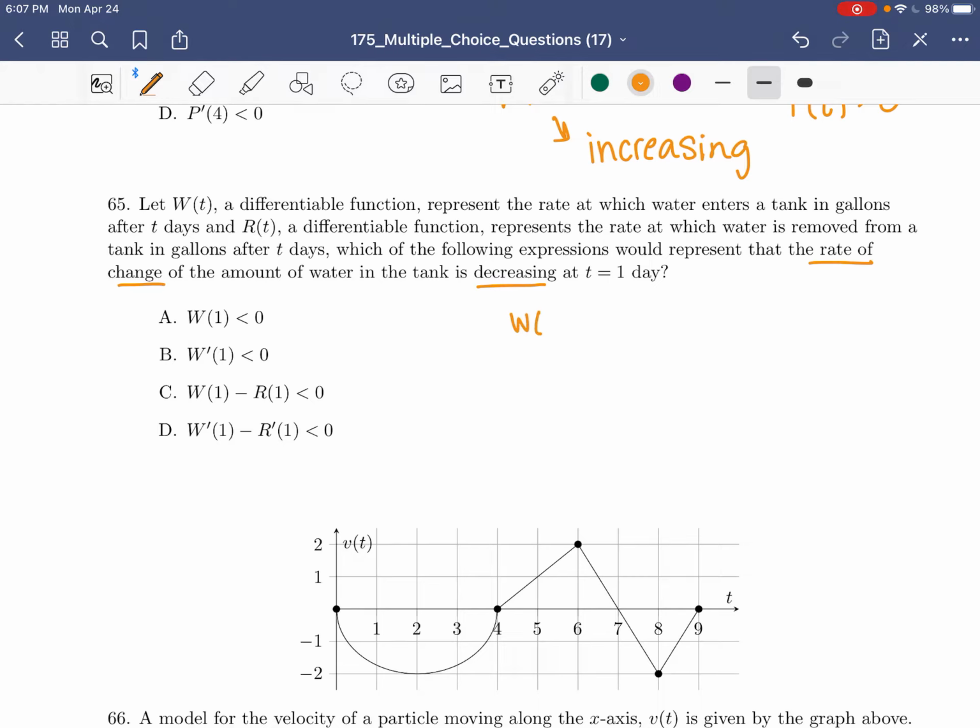So let's just go ahead and write down what everything is. So W of t, we know it's when it's entering the tank. And then it tells us it is gallons per day. And then we have R of t, which is the water removed.